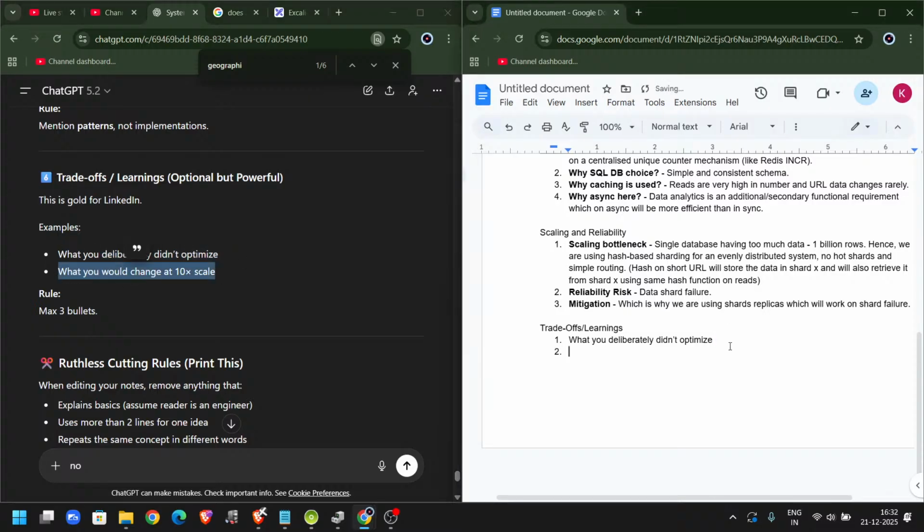Oh, these are very difficult questions. What will I change at 10x scale? Will divide data into more shards.